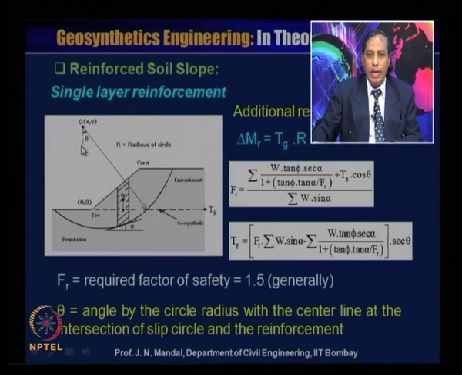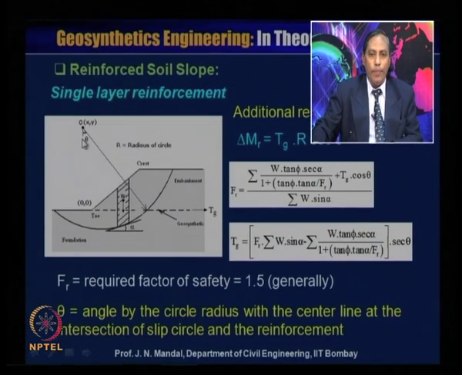This theta is the angle made by the circle radius with the central line at the intersection of the slip circle and the reinforcement. So this additional resisting moment due to the reinforcement, delta Mr, will be equal to Tg into R into cos theta.